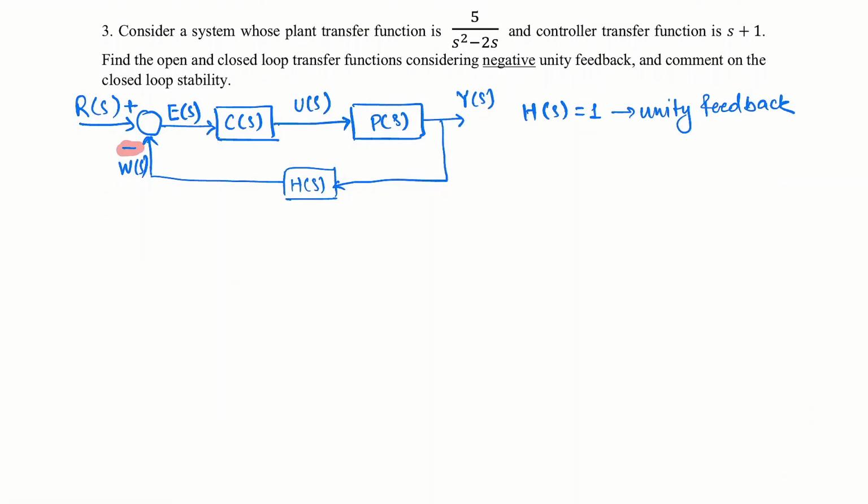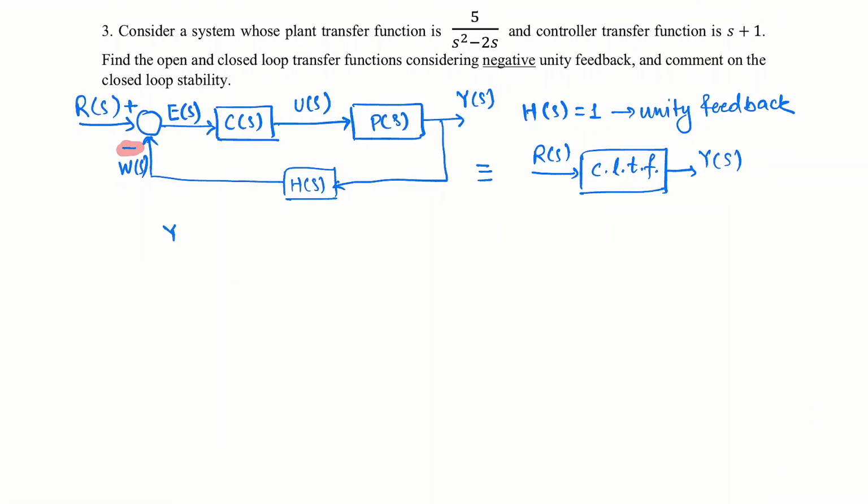So what is the closed loop transfer function? We can write this simply as the closed loop transfer function of the system from R of S which results in Y of S. So we are interested in this closed loop transfer function. Let's slowly start writing from the output shown here.